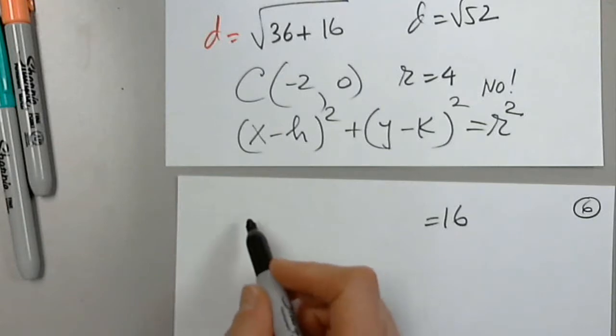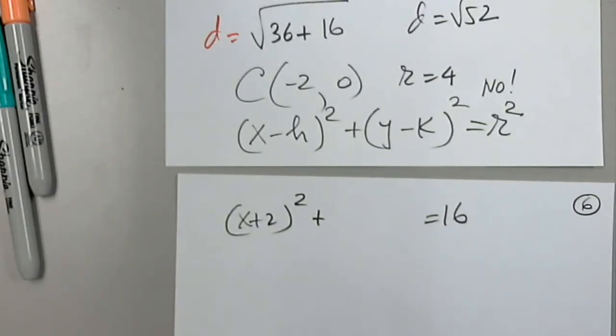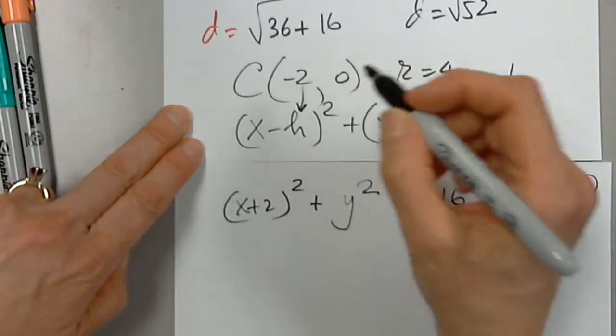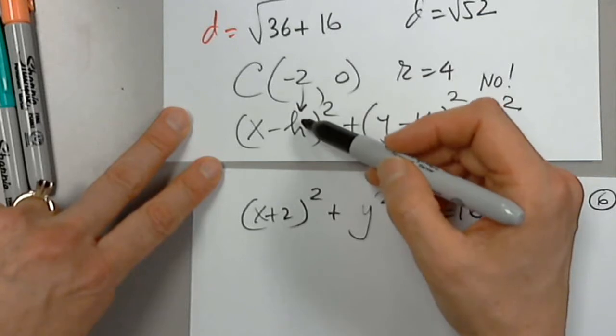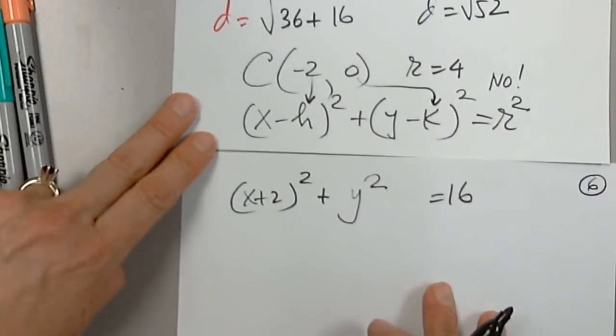It's x plus 2, and y squared. That's it. So this h is -2, and this is our k, which is 0. That's why we have this.